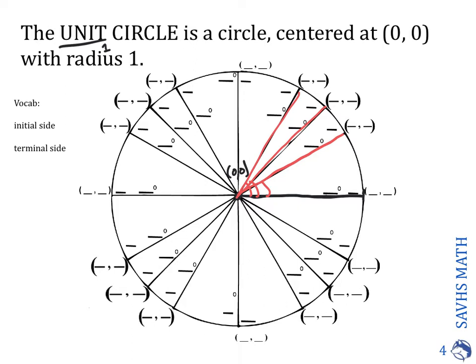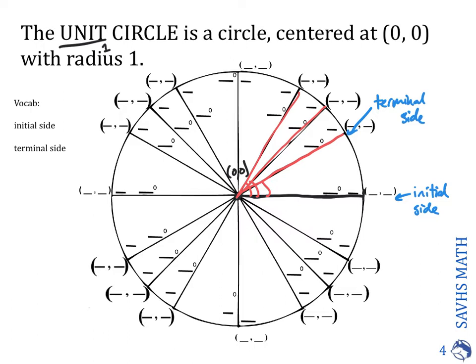So that's on purpose. Some vocabulary is this spot right here is called the initial side of an angle. And then the spot where we go to is called the terminal side of an angle.